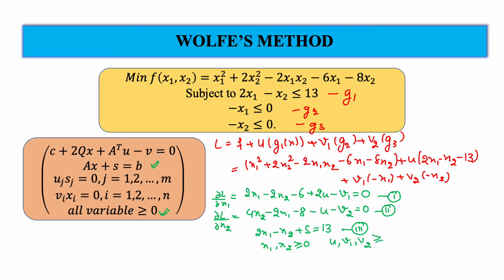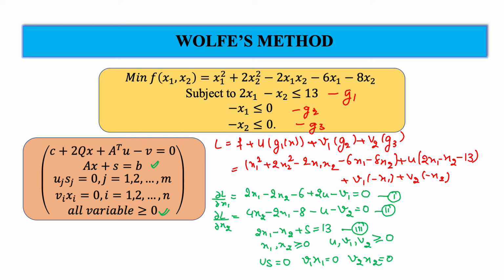And last, u into s equals 0, v1 into x1 equals 0, v2 into x2 equals 0. So these are the KKT conditions for the given problem.